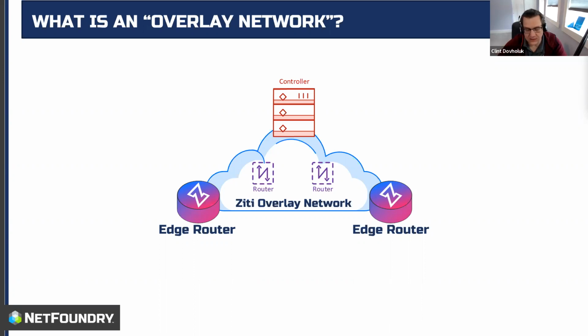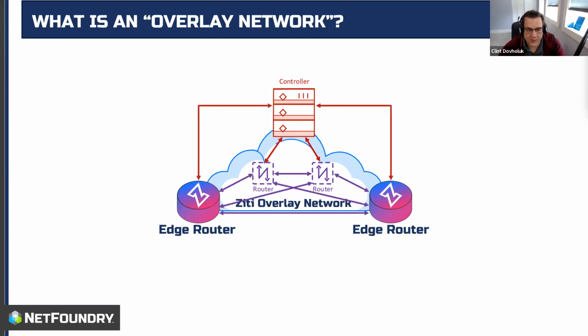An edge router is a little bit special in the overlay parlance from the zero trust OpenZiti project, because it is basically the point of contact into this fabric. And this fabric will then go through and mesh itself. So what that means is every router will try to connect to every other router which is advertising, to form a mesh network. And those mesh networks are all going to be formed over mutual TLS links, which means when the edge router tries to connect to another edge router, say this bottom connection down here, it will present a certificate.